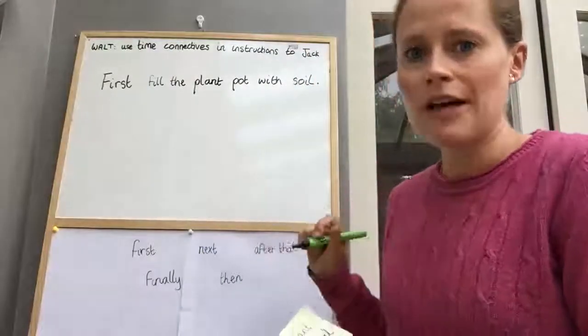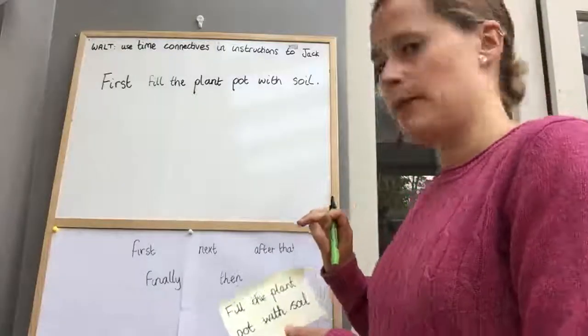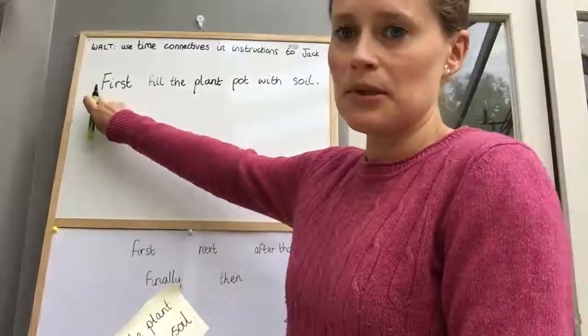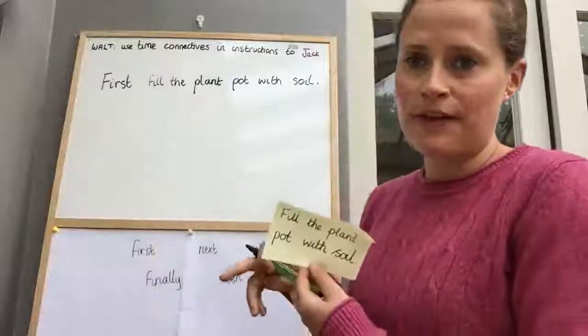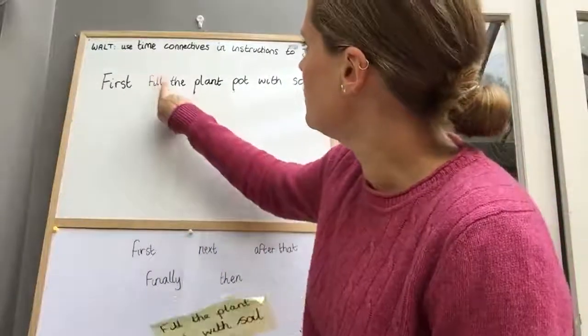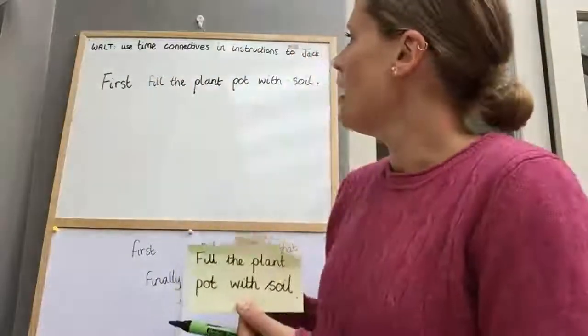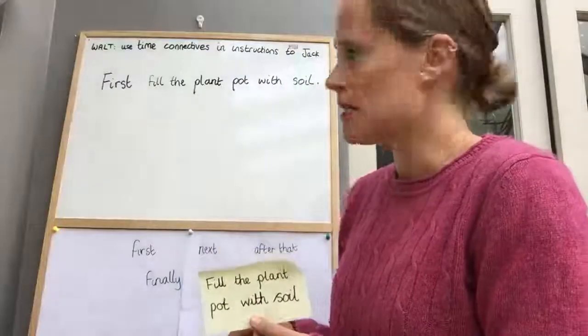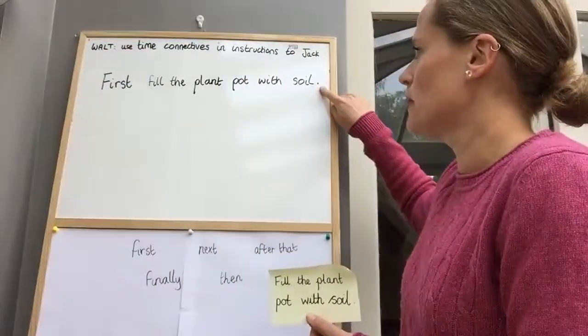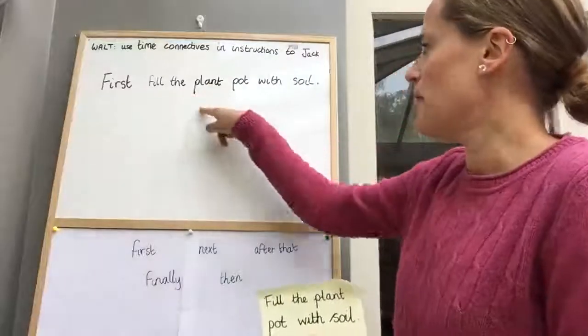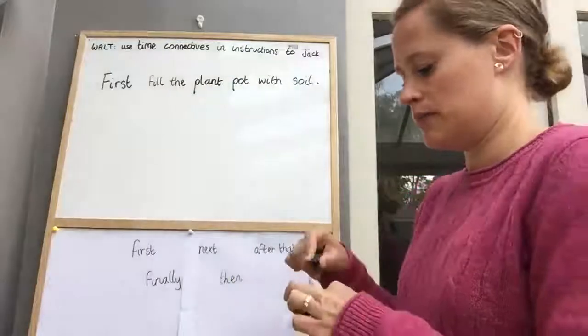Now remember, what have I made sure to include when I've been doing this writing? Got my capital letter. Have I remembered my finger spaces? Let's see. Yep, just about. And have I got my full stop at the end of my sentence? Let's see. Yes, I do. Excellent. First, fill the plant pot with soil.